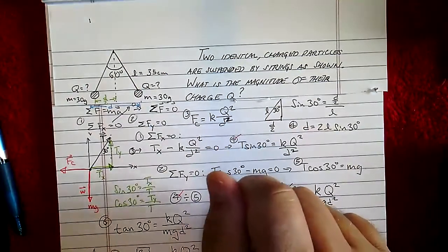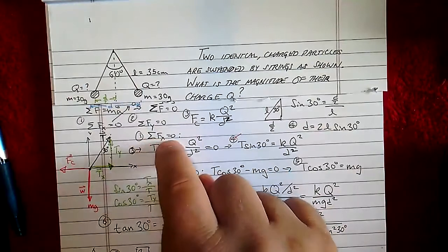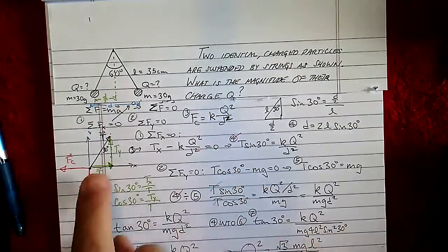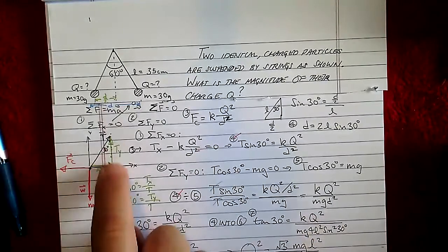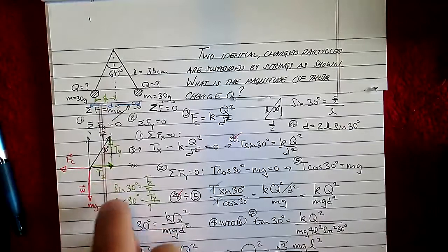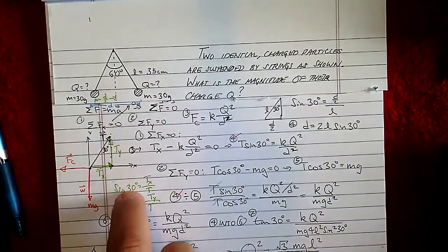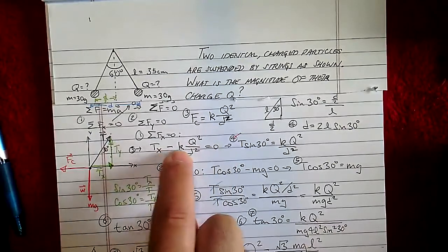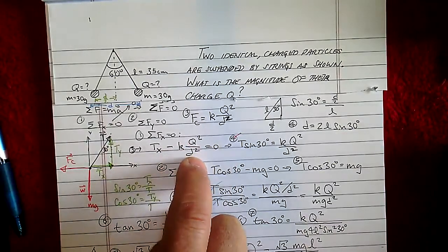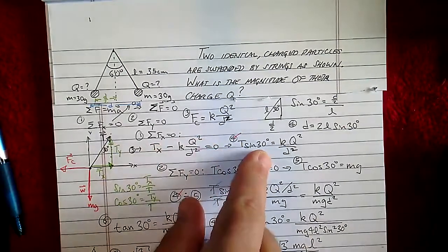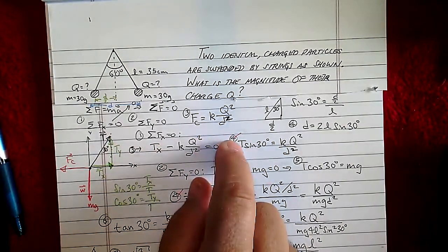So we then had equation 1, which is summation of forces in the x direction equals 0. Using these facts about trigonometry in this diagram, I could see that Tx, the x component of T, was in fact T times the sine of 30. So that's what was there, T sine 30 minus kq squared over d squared. Putting the kq squared on this side, then we just get T sine 30, and that became what I know as equation 4 prime.